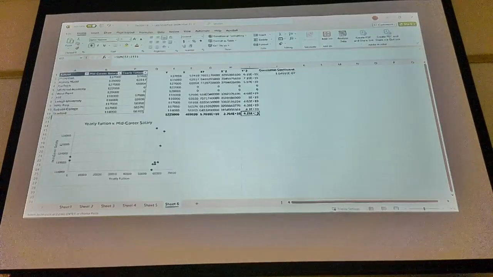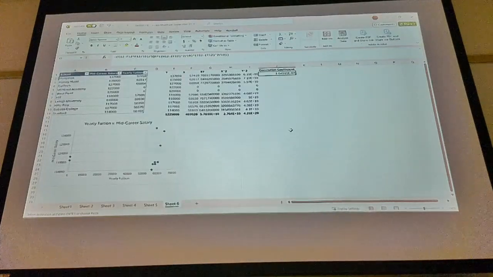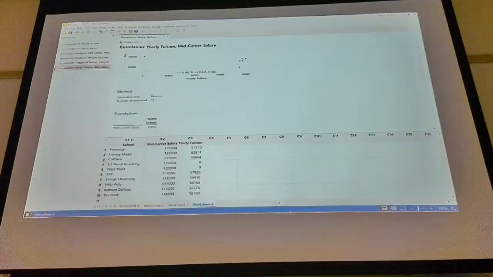Yeah, so I don't know what's going on. That makes way more sense to me. Whatever. The answer is no, there's no correlation. So go to a cheap school.